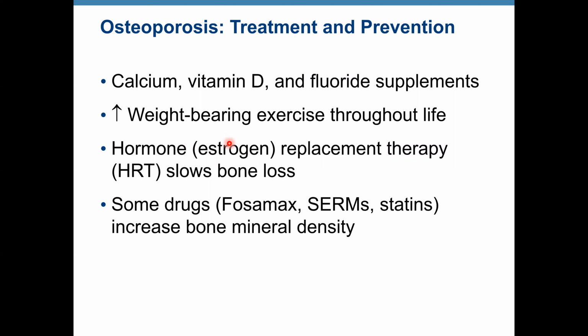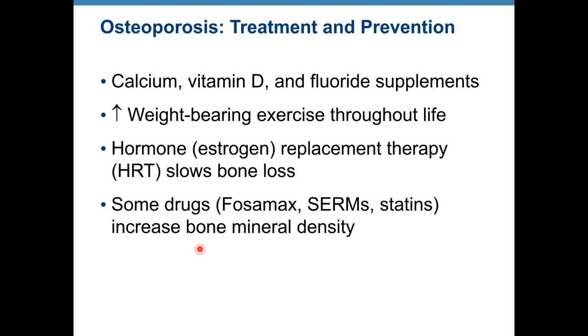They use estrogen together with progesterone, sorry, not testosterone, because use of estrogen alone increases the chances of having breast cancer and uterus cancer. So it's not used so much anymore.